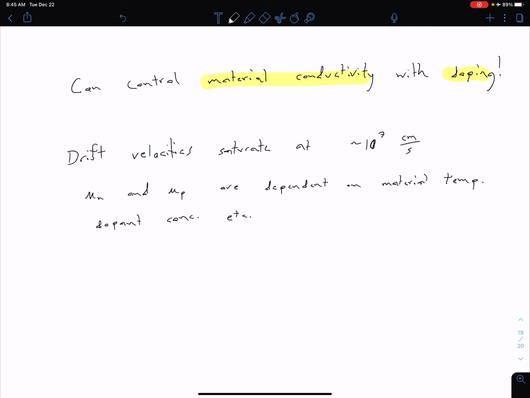I think the easiest one to visualize is our dopant concentration. If we start putting more dopants in there, we start crowding things up, it's of course going to become harder for our carriers to move about. Again, these aren't things that we're going to really consider in this class, but just something to be aware of.